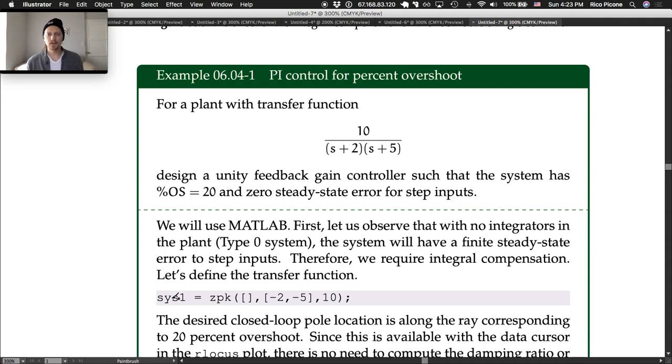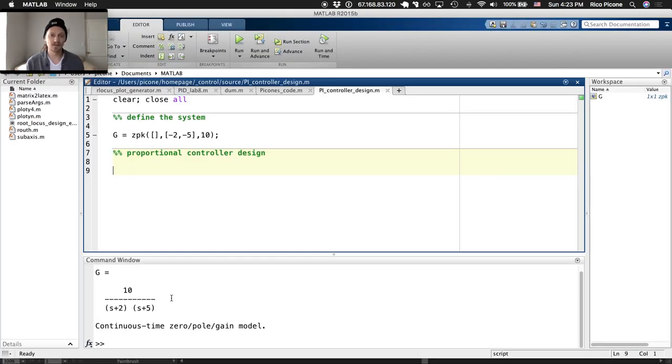Our only transient response criterion was that the percent overshoot needs to be 20%, which corresponds to a very specific ray that starts at the origin and goes out into the left half plane, and so that's we're expecting to intersect once or twice maybe with the root locus.